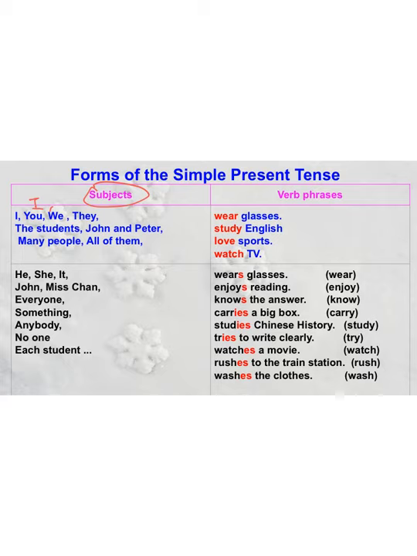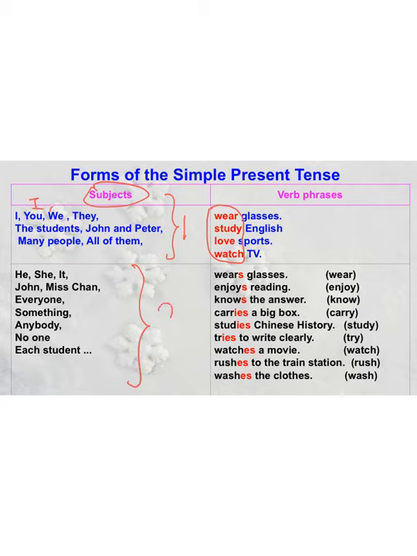If the subject belongs to type 1, then we just have to write the basic form of the verb. We don't need to add s or es to the verb.